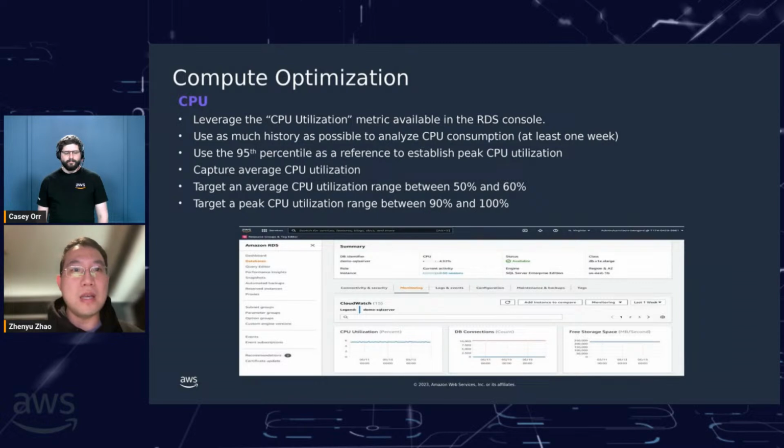Traditionally, I've seen many safe thresholds around 65% or 60% in most cases. So this is sometimes what we're seeing a lot of, like the traditional provision-for-peak principle coming into play. But in the cloud environment, the compute optimization should be targeting 95% utilization. So this is very, very important.